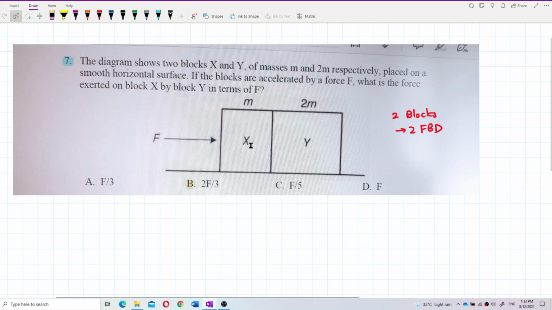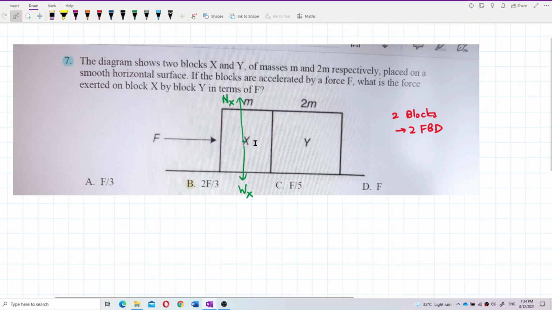What are the forces acting on X? Of course, we have the weight of X, and from the surface, it has the normal force. We put this as Nx. Don't just put N, must put Nx. It has this pushing force, and also it has the force from block Y, the blocking force.